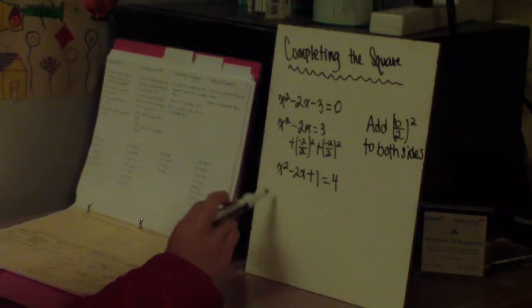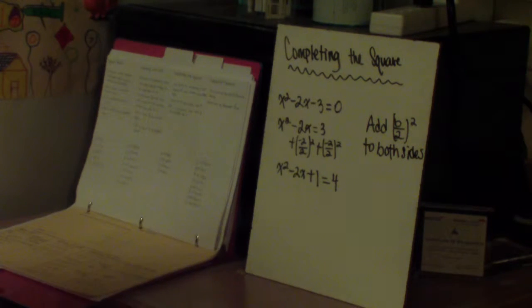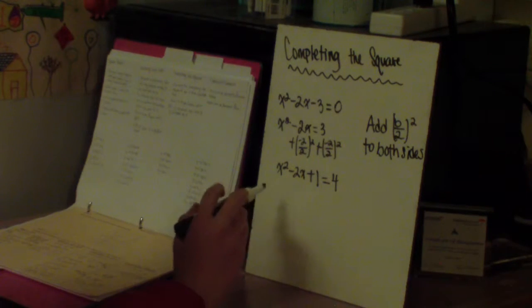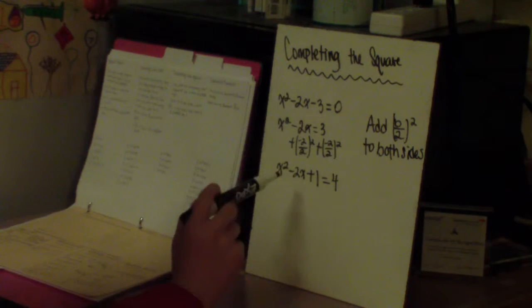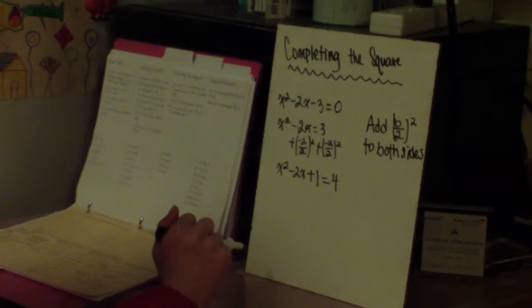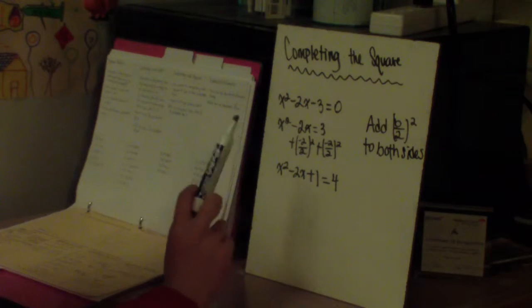So now you get x squared minus 2x plus 1. Completing the square also involves factoring and solving with square roots, which were my past two videos. Now you want to factor. You want to find what multiplies to 1 but also adds to negative 2. It's obviously not 1, because 1 plus 1 is 2.